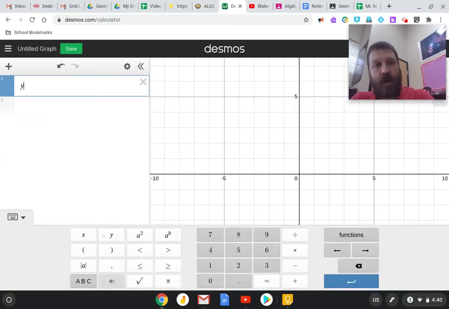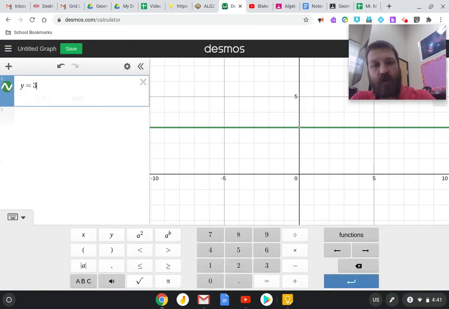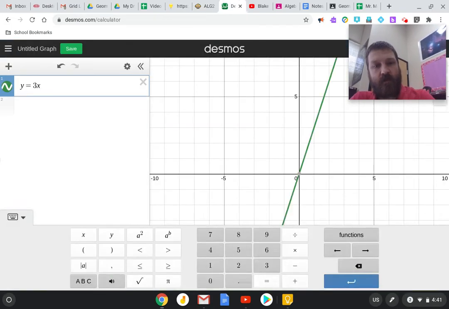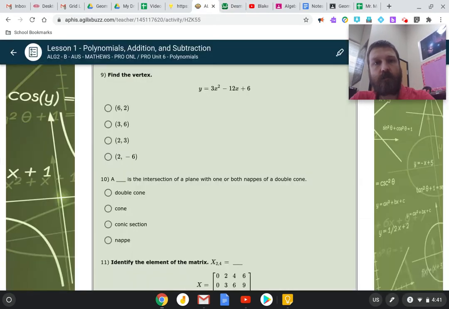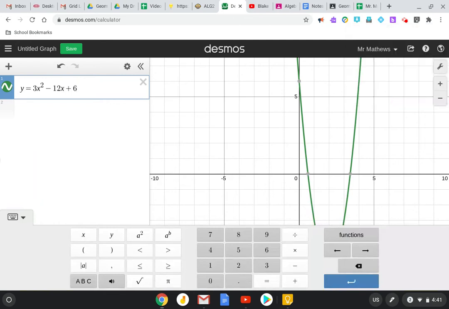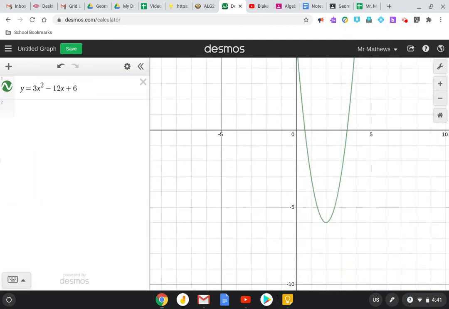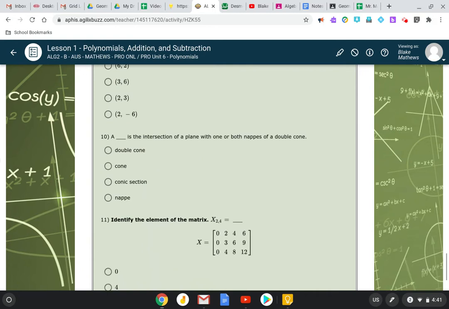Y equals 3x squared minus 12x plus 6. And then I'm going to close my little window there. I'm going to see what the vertex is. This is the vertex right here. It is 2, negative 6. And so I'm going to choose the answer that goes there.